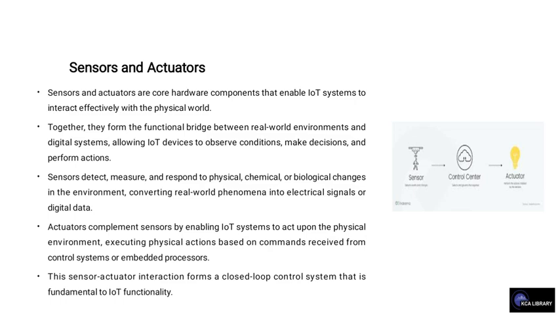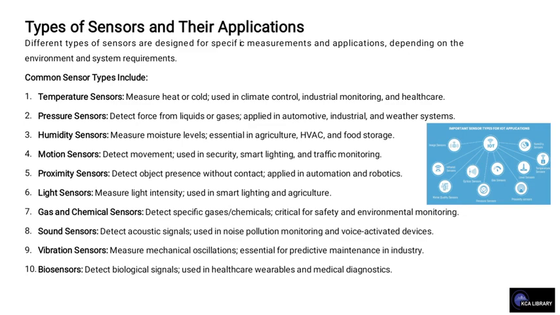This sensor-actuator interaction forms a closed loop control system that is fundamental to Internet of Things functionality. There are different types of sensors, designed for specific measurements and applications, depending on the environment and the system requirements.